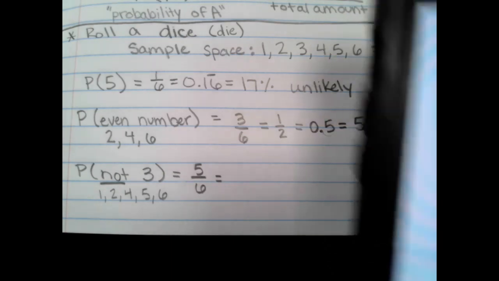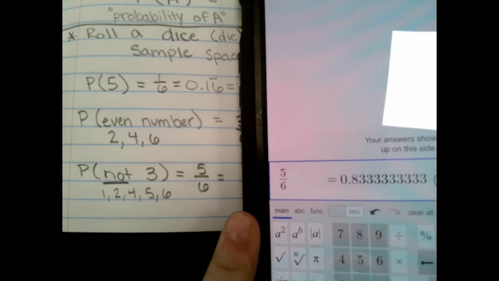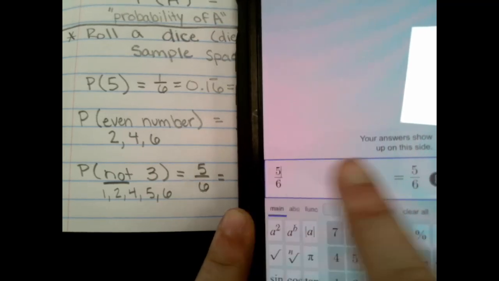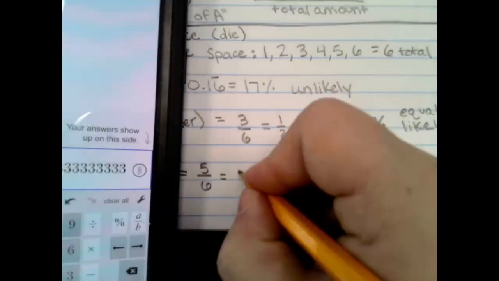All right, so in my calculator I'm going to do 5 over 6. If I don't know if it simplifies, I can hit that fraction button. It stays the same, so I know that that's simplified. We get 0.83333333, so we can write that as 0.83 repeating.